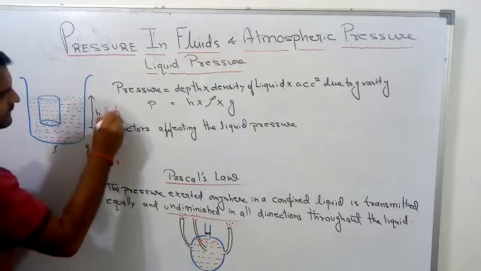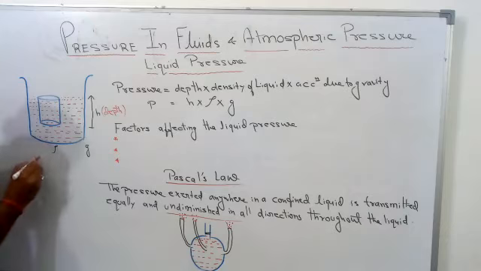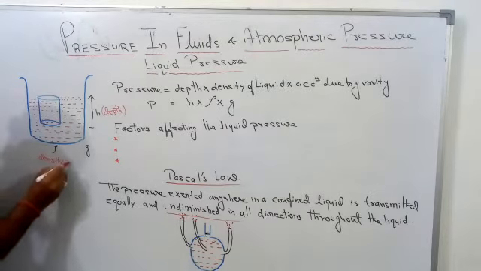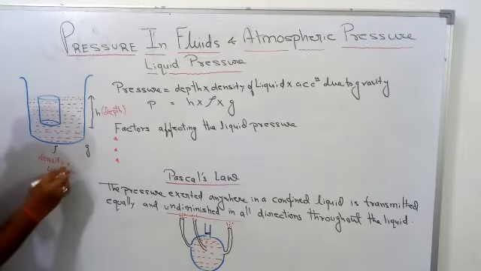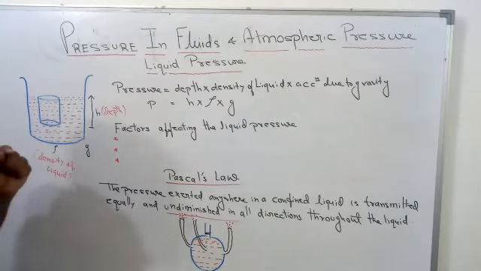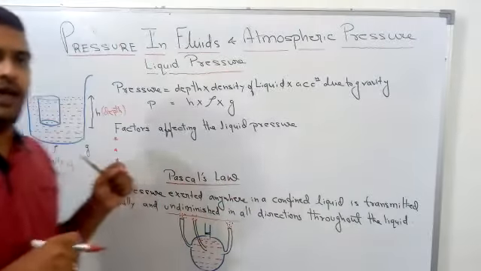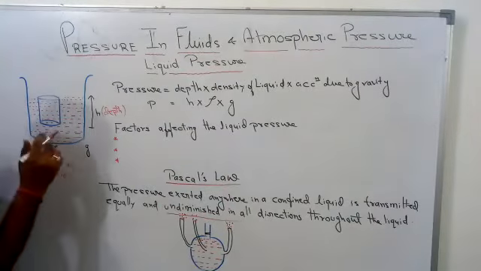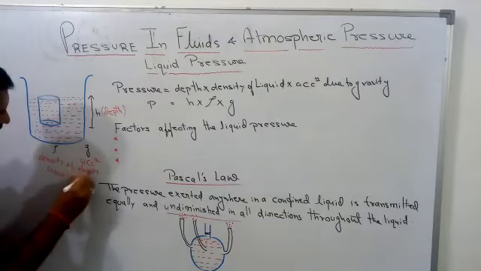H is considered the depth, and rho is the density of the liquid. Different liquids, like water and oil, have different densities. And g is the acceleration due to gravity.